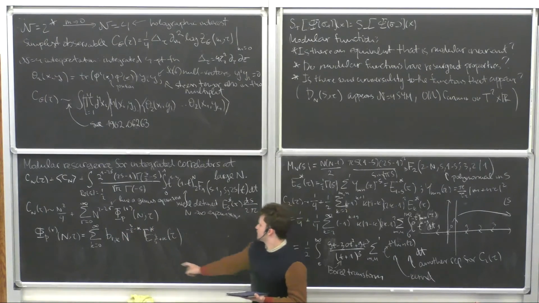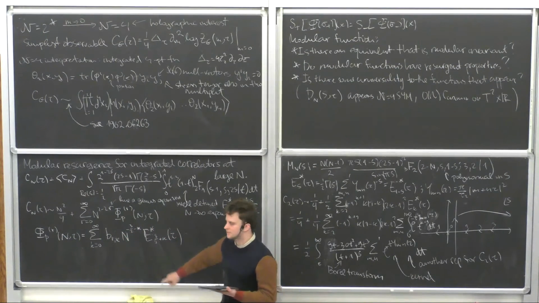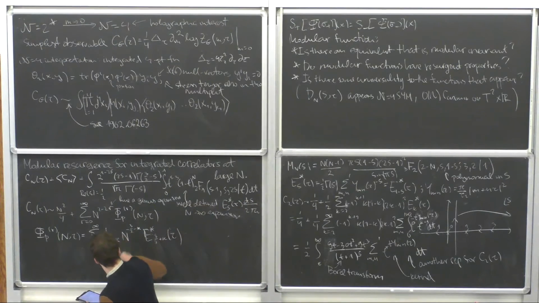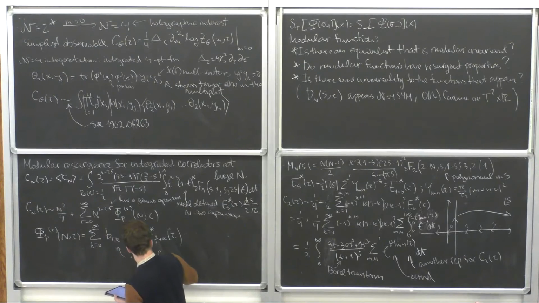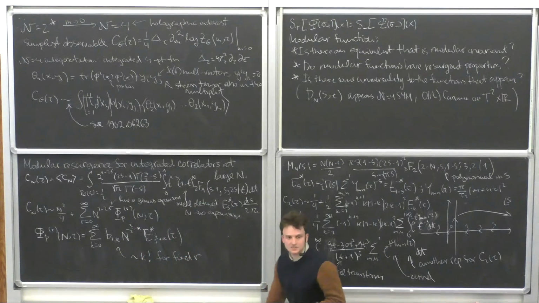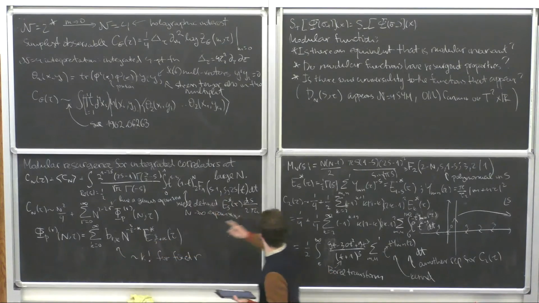So they're now half integral sums of Eisenstein series, and these coefficients b r k have the property that they grow like k factorial for fixed r. So notice that this is worse convergence than what we had in the finite case.